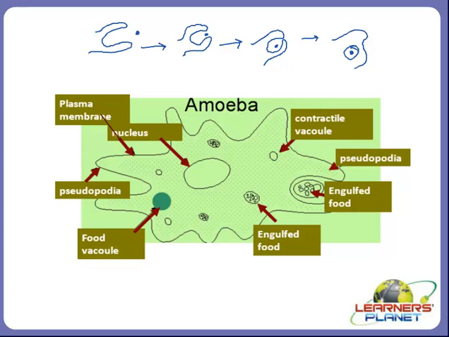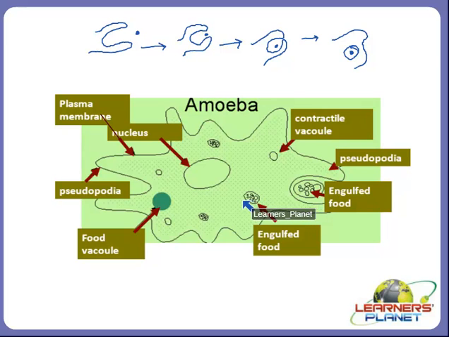And this food vacuole will have hydrolytic enzymes. These enzymes will help in the digestion of this engulfed food material. It will break down the food material into smaller and smaller parts, and then those smaller particles are able to diffuse out of the membrane. Once diffused out, they will be utilized by the surrounding parts of the amoeba.